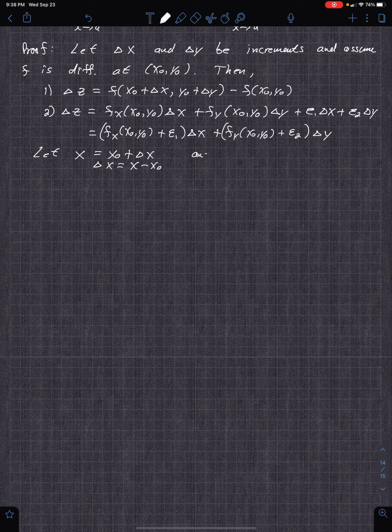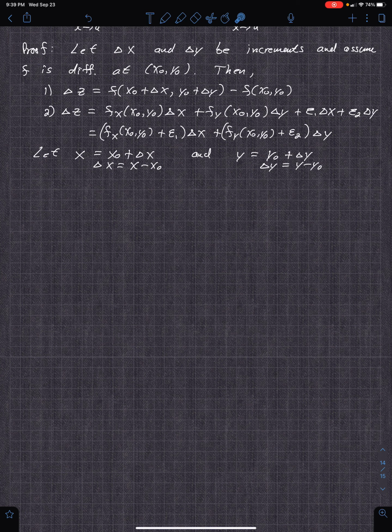And then we're going to let y be y naught plus delta y, so that delta y is equal to y minus y naught. The reason we can do that is you're at a fixed point, but then you're incrementing by delta x. So it varies, so that you're not fixed at x naught. That's why you can let it be a variable. Same thing for y.